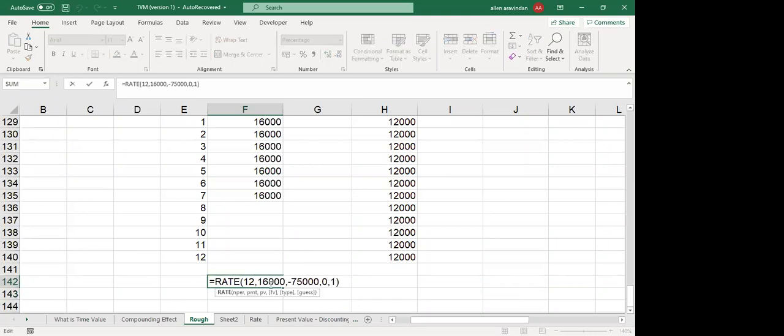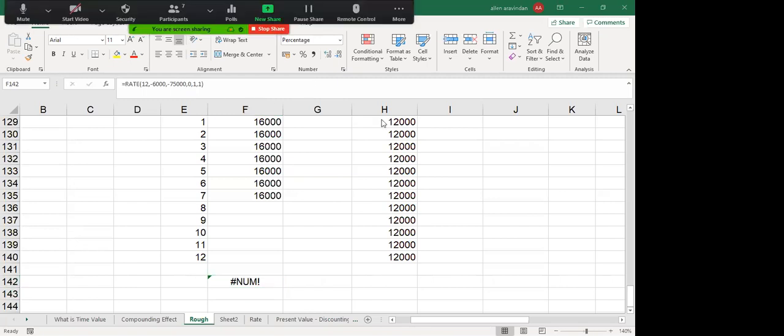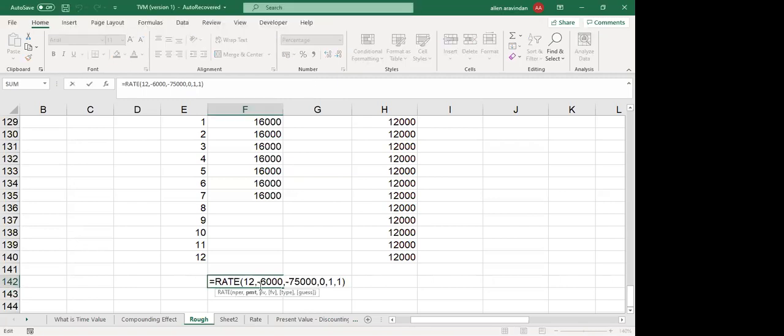Oops, I think I screwed up the signs. NPER, PMT 16,000. Okay, I think. See what I need to do. Why is it giving me an error? Yeah, exactly. It should come to about 12%.